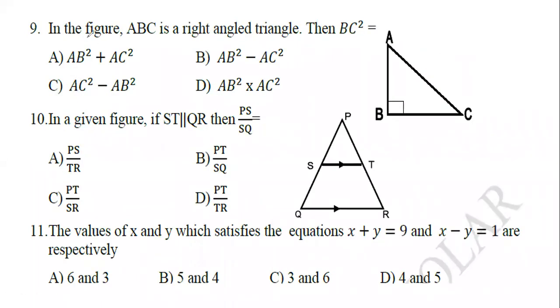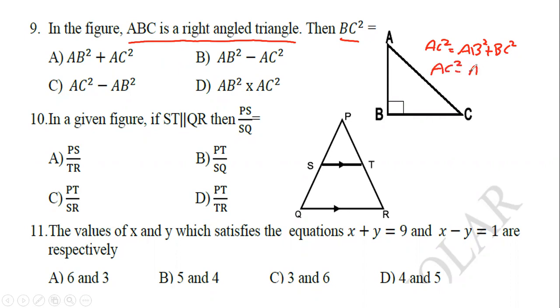Here in the figure, ABC is a right angle triangle. ABC is right angled triangle. Then BC square is dash. So right angle triangle means according to Pythagoras theorem, AC square is equals to AB square plus BC square. You need to find out BC square. Yes, BC square.